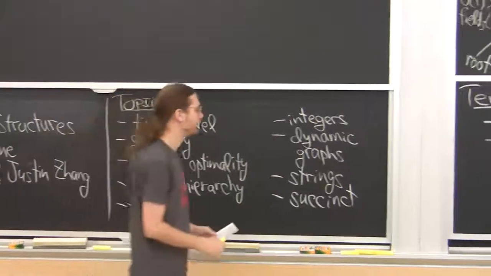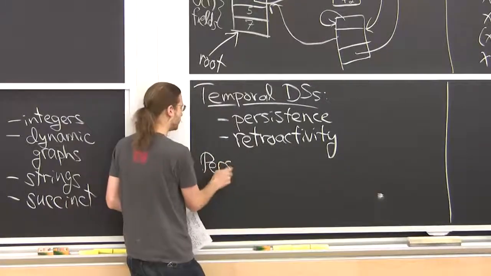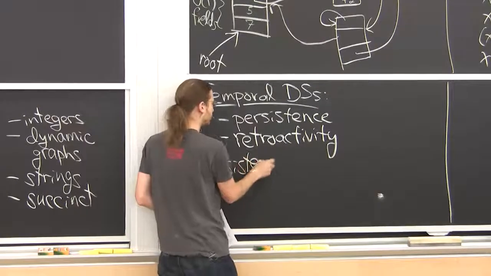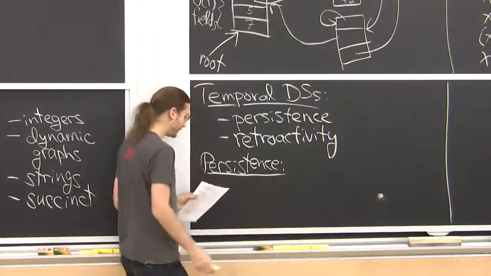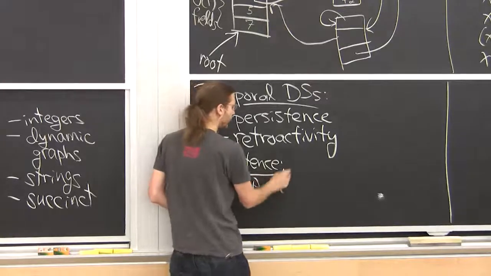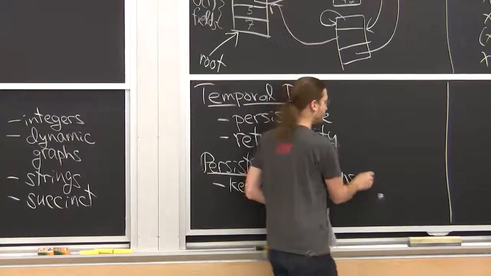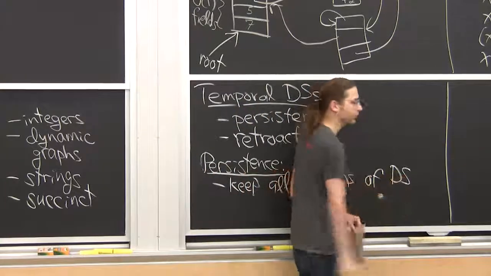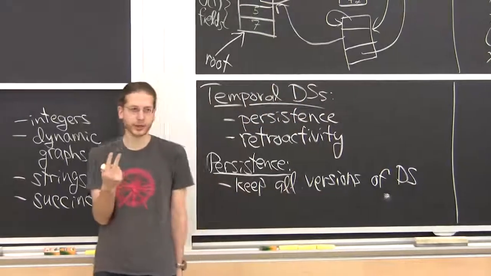So, persistence. The general idea of persistence is to remember everything. Or the general goal, I'd say. And by everything, I mean different versions of the data structure. So you're doing data structures in general. We have update operations and query operations.